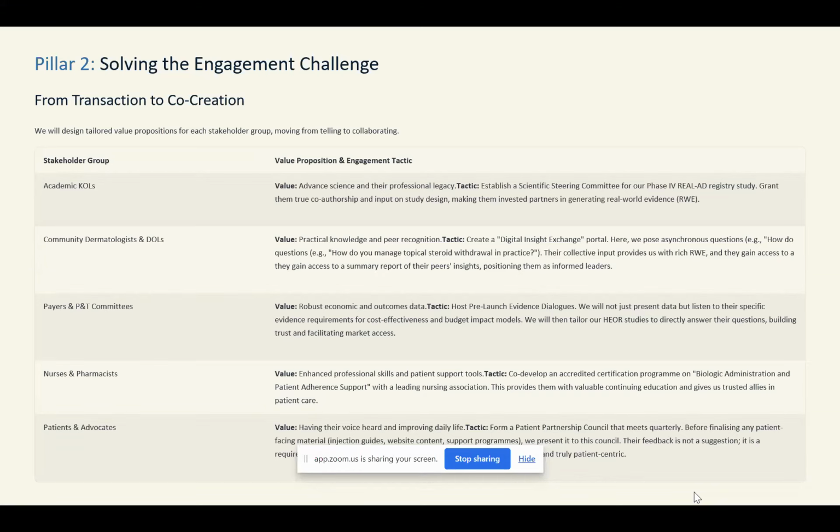So here the tactic would be, for the product, to think of establishing a scientific steering committee, for example, for a post-marketing surveillance study. Grant him co-authorship in the program, take his input into the study designs.